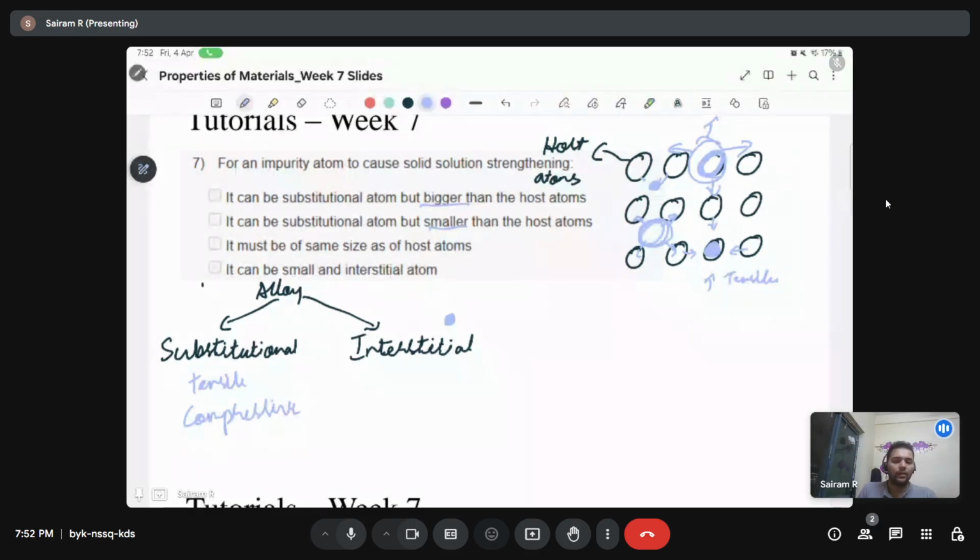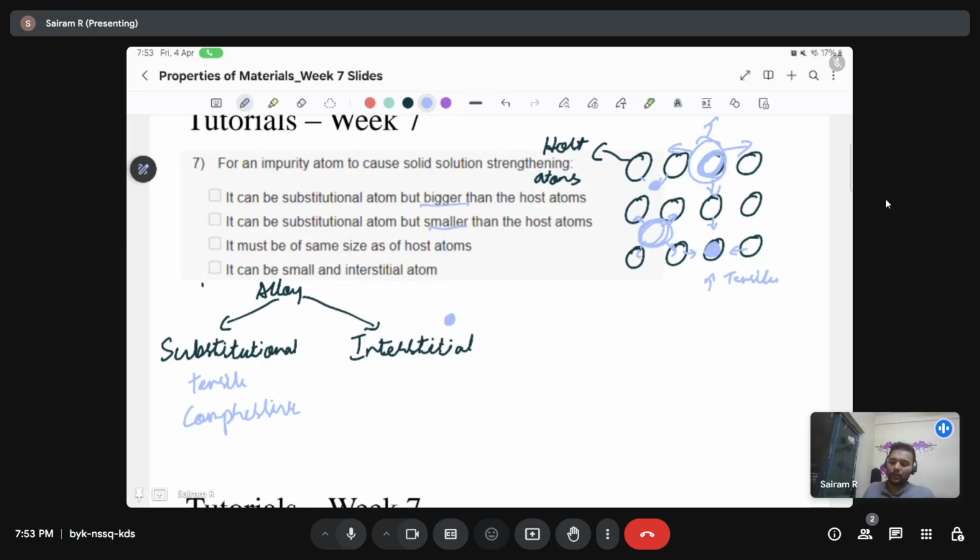Anyway, irrespective of whatever happens, whenever there is displacement of my atoms from their mean position, there is a localized strain that is formed in the vicinity of the alloying element or the impurity atom, and these local strains act as a barrier to free motion of dislocation.